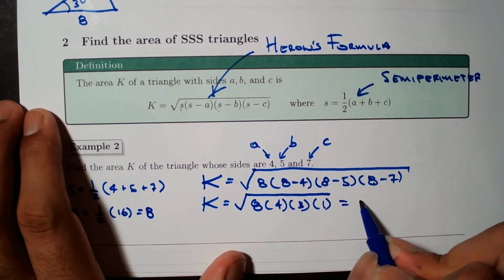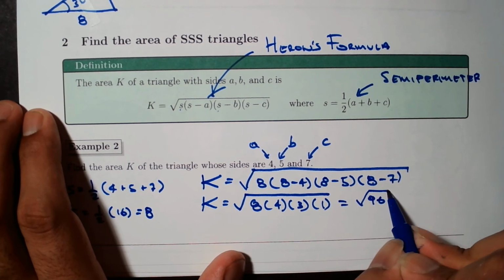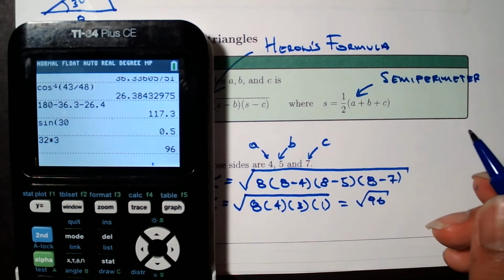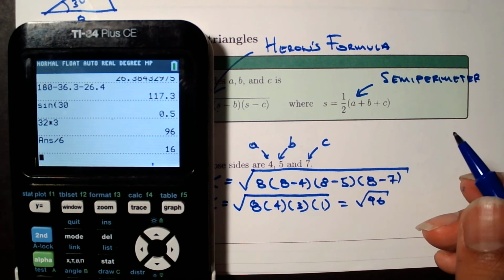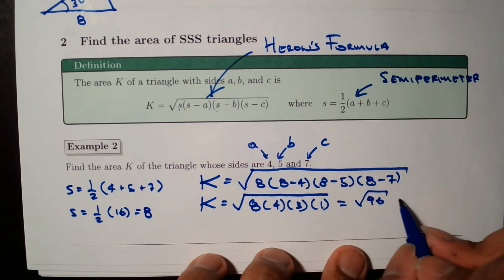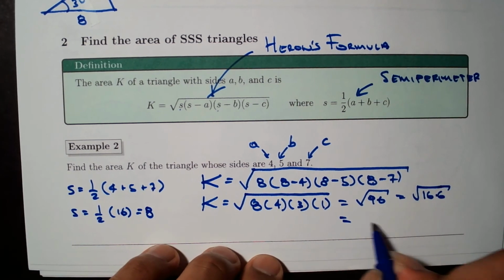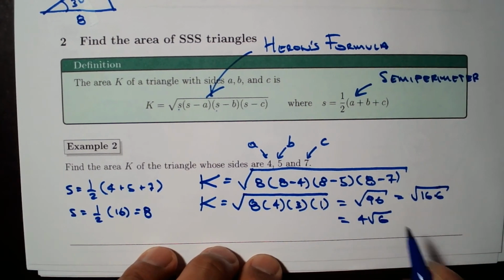So we have the square root of 96, which can actually be simplified. Divide 96 by 6, that gives us a perfect square. That's the square root of 16 times 6, which is 4 root 6 units squared.